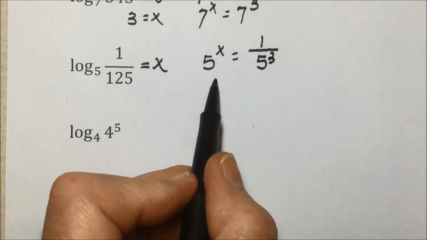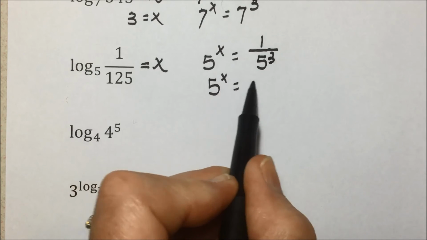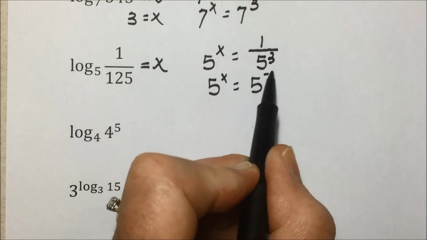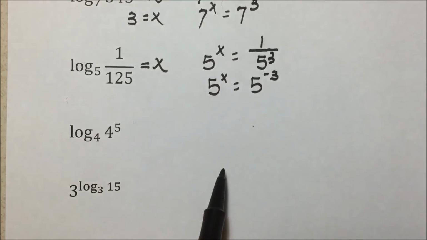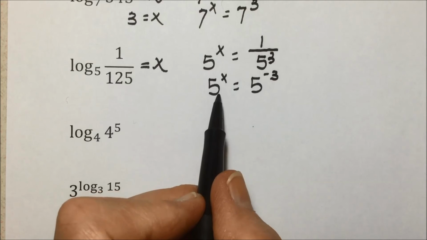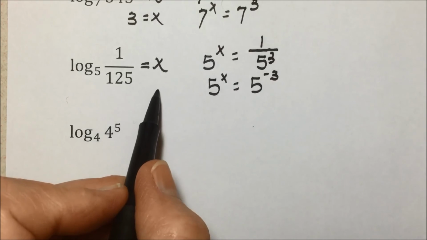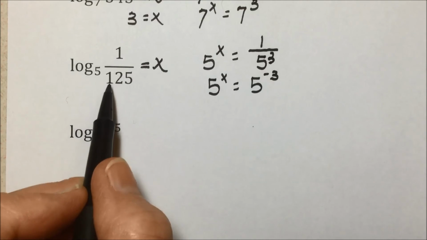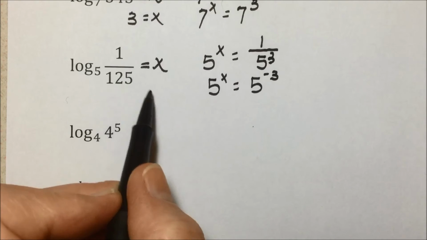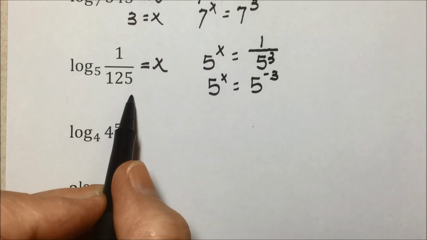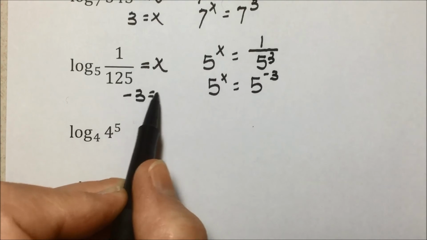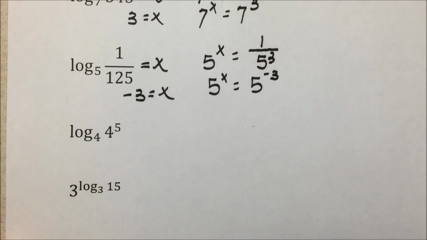To get a common base, we will write 5 to the negative 3 power when we bring it to the numerator, and that leaves us with common bases. Our exponents are equal. So log base 5 of 1/125 has a value of negative 3. So our unknown value is negative 3.